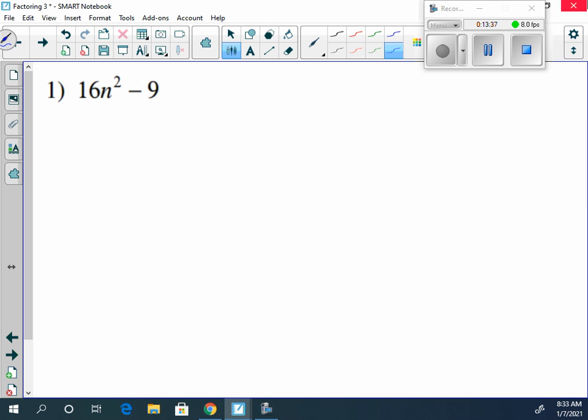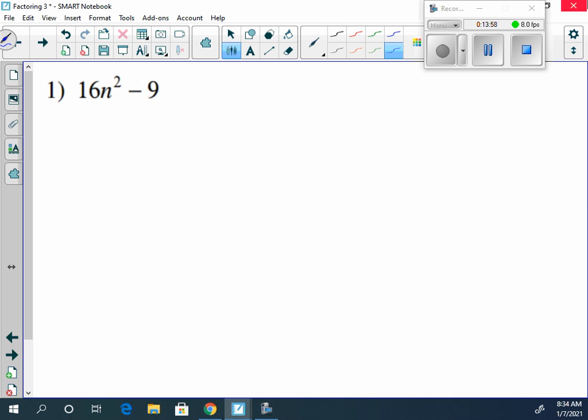So let's look at this one here. We have 16n squared minus 9. Well, is 16 and n squared perfect squares? Well, 16 is 4 times 4, n is just n times n. Is 9 a perfect square? Yeah. It's what? 3 and 3, yes?